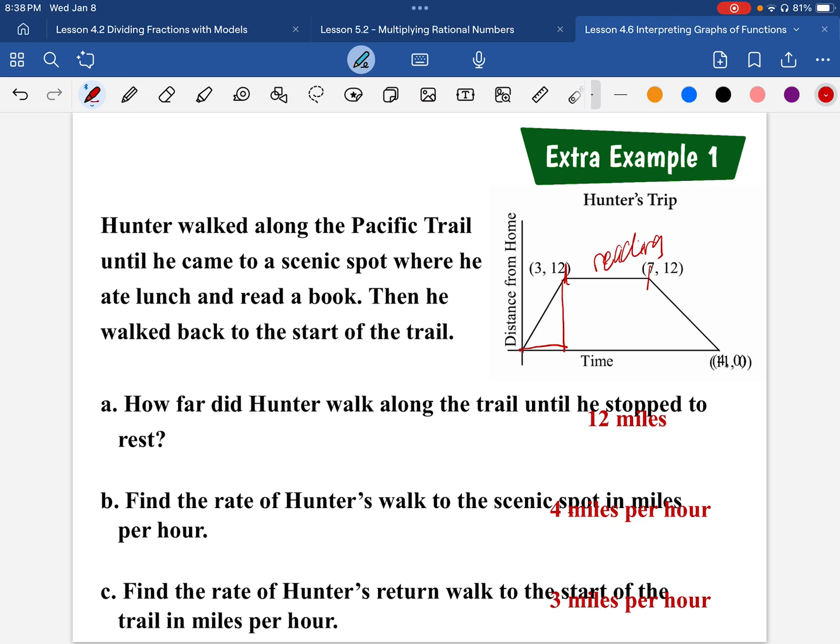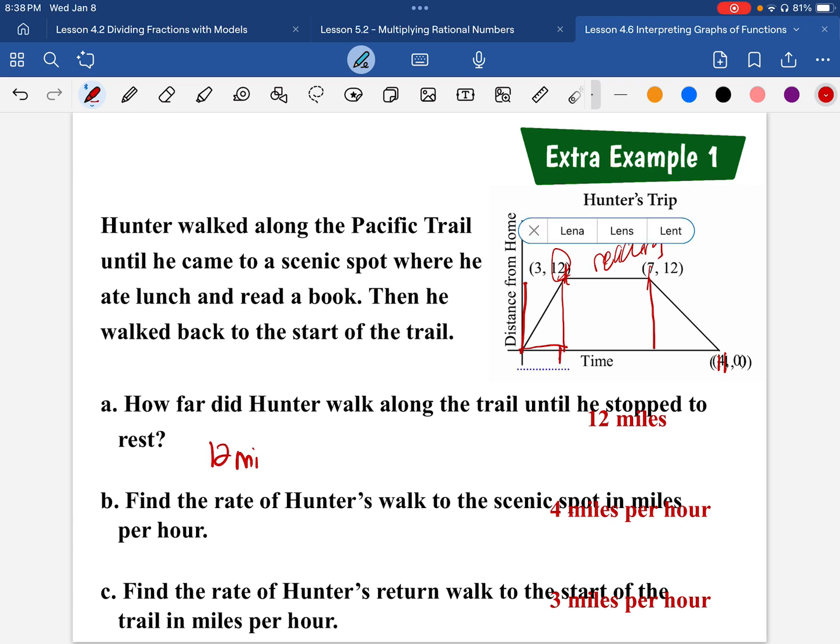His walk home took a lot longer, clearly. And he went from here, and this I think says 11. I'm going to guess down there. Yeah, 11. Okay, how far did Hunter walk along the trail until he stopped to rest? So how many miles, so that's this point here, did he get? He walked 12 miles because the distance away from home is at 12.